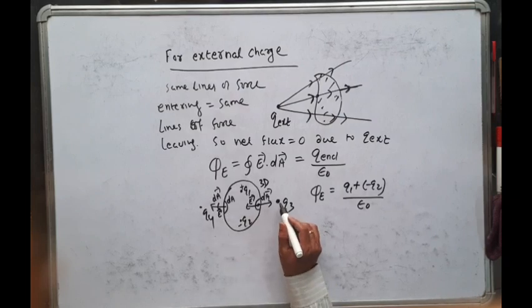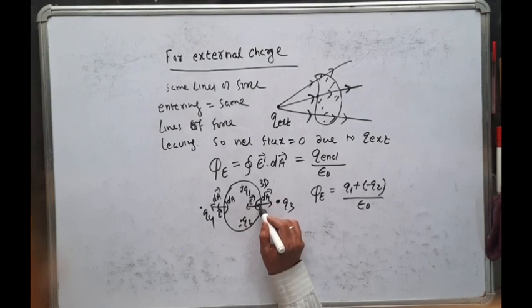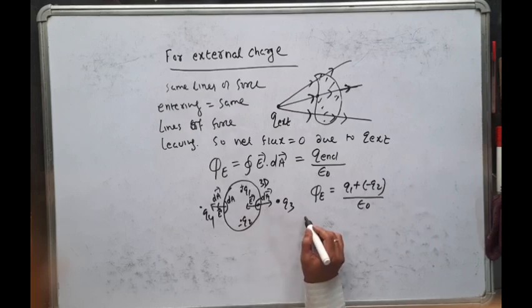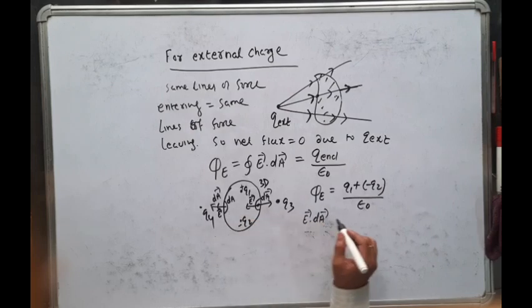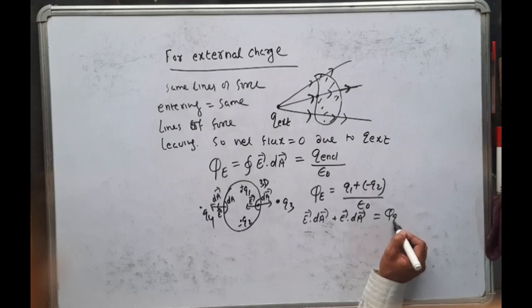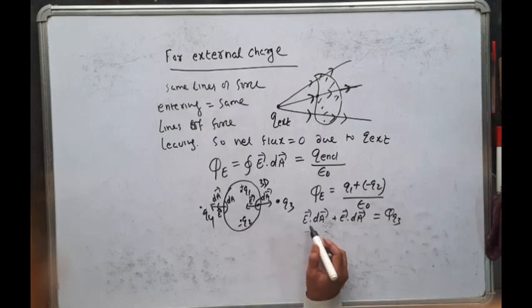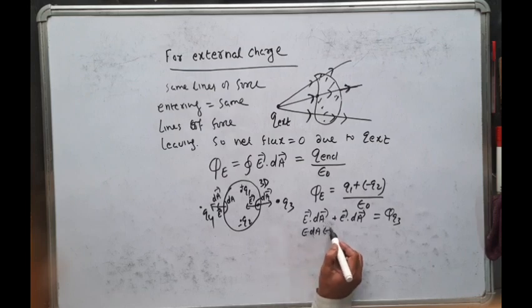Then what is the flux by Q3 on this surface? Let us say here flux is equal to E dot dA, plus here flux is equal to E dot dA. It is the flux due to which charge? Flux due to Q3 charge. But here E and dA are at 180 degrees, so I can say E dA cos 180 degrees, that is -1.